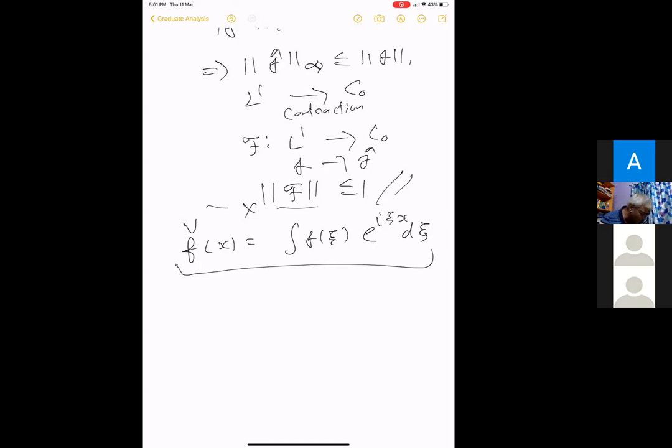The point is the formula is not directly valid because this f hat may not be L1 integrable. But then we can multiply this function by some function, for each epsilon. As epsilon goes to 0, we will get back this function.